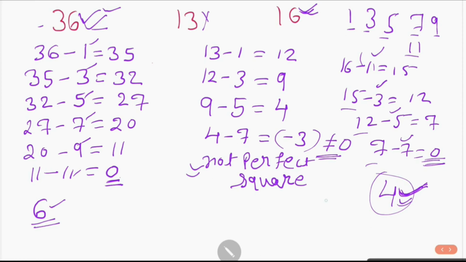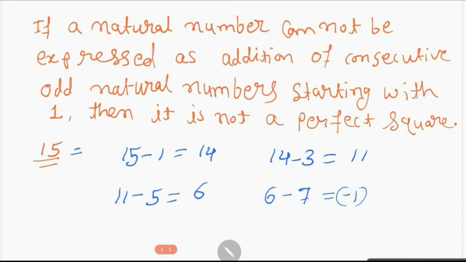And here is the conclusion: if a natural number cannot be expressed as the addition of consecutive odd numbers starting with 1, then it is not a perfect square.